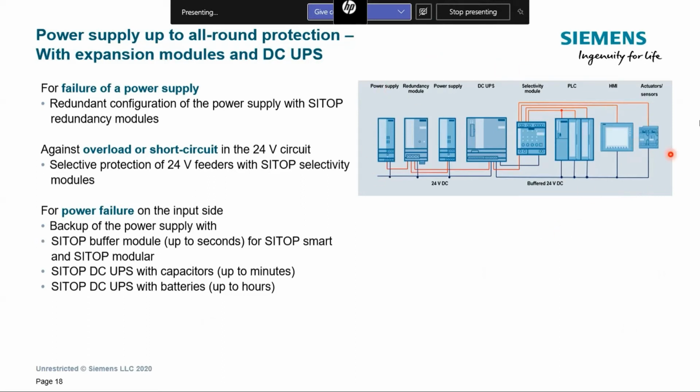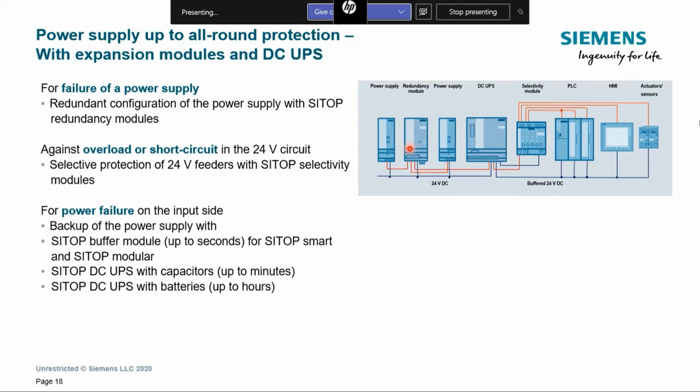And in this graph here, we see the redundancy module. Of course, we can have one of them, you can have two of them, you can have all three. You can have only the redundancy module, you can have the selectivity module as well, and you can see in this example, we have all three of them and how they work together.